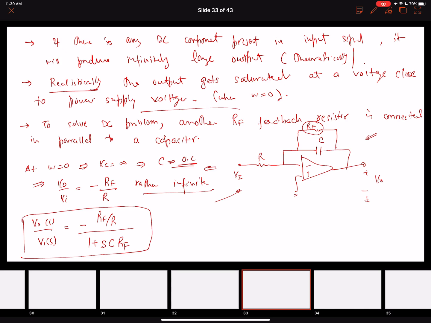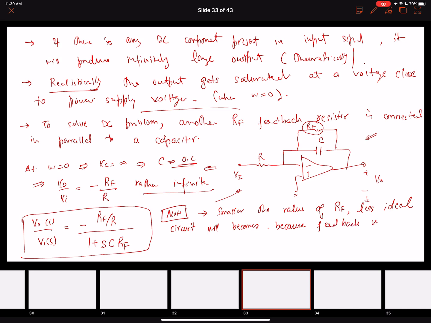So one important consideration when you are going to use RF, note: the smaller the value of RF, the less ideal the circuit will become, because the feedback will be dominated by the resistor.